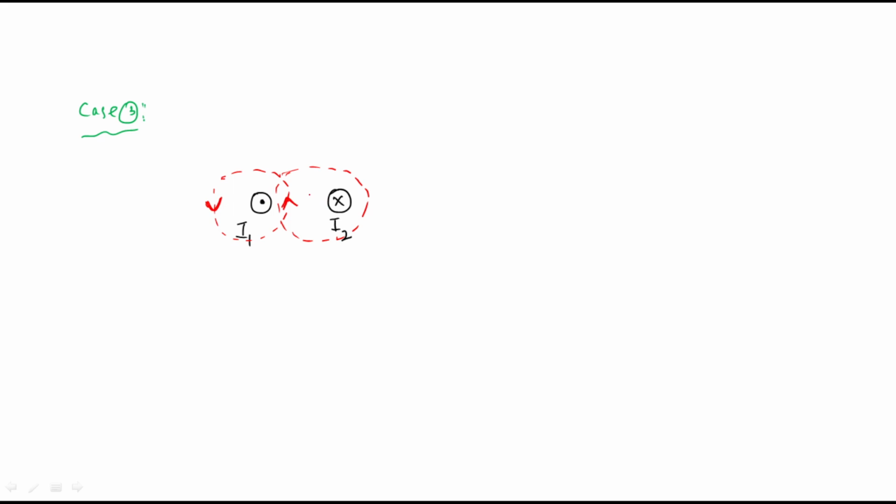So here B1 is like this. Clear? Coming to B2, the current is into the plane because cross is there. So obviously this is also upward direction, because of the current direction.